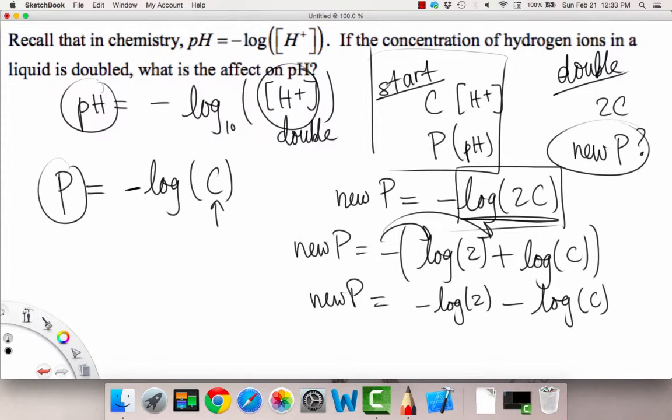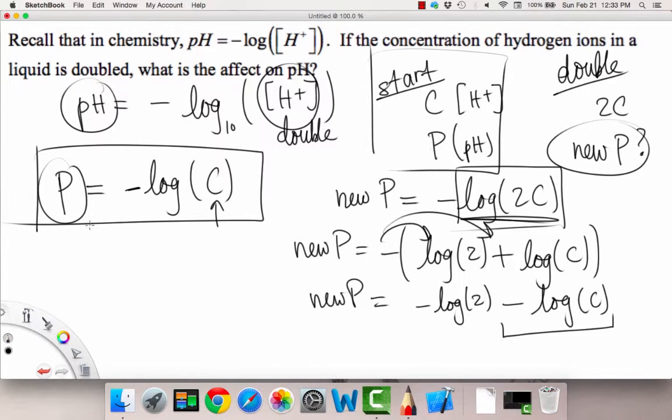So that's good because we actually recognize this term right here, right? Negative log of c is actually our original pH that we started with. So we can replace this bracketed thing with a pH, okay? So the new pH is equal to negative log of 2 plus whatever our original pH was before we doubled the concentration. So that's basically it.